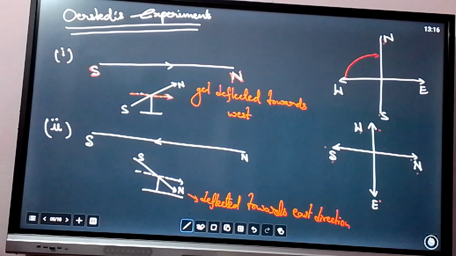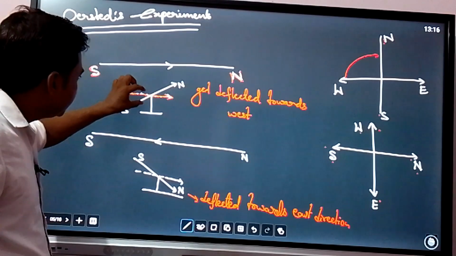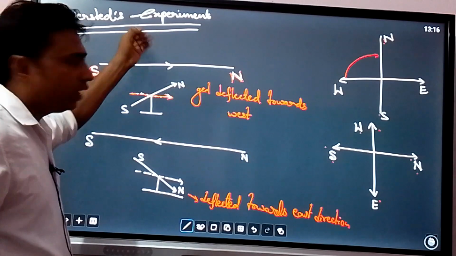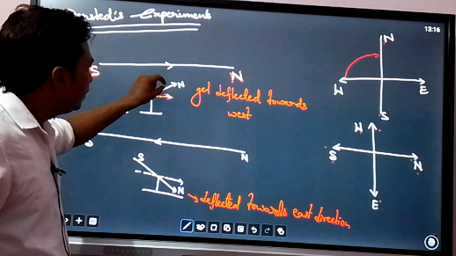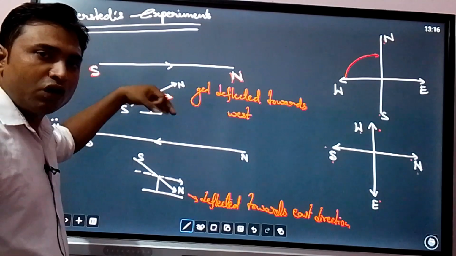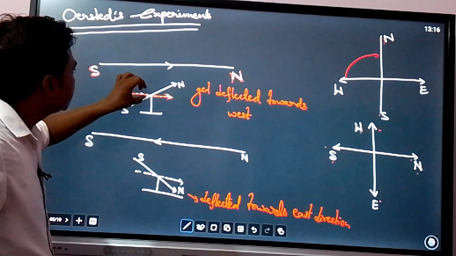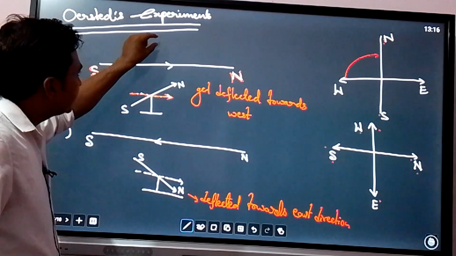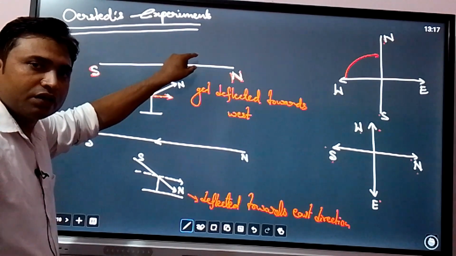So now if we put this magnetic needle above the wire, this deflection will be just opposite to this deflection. Suppose I put this magnetic needle above the wire, then in that case the north pole will get deflected towards the east direction. Okay.